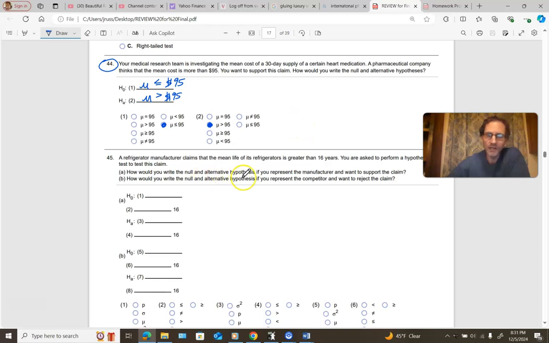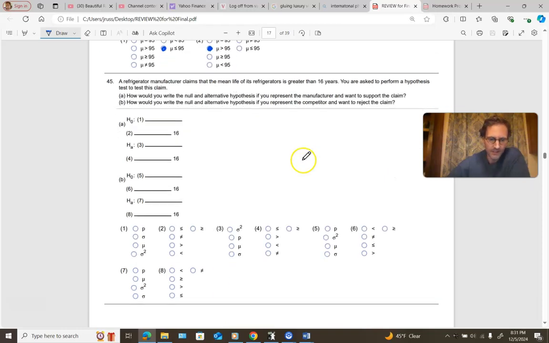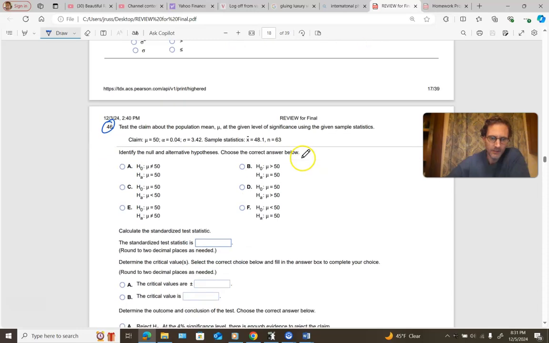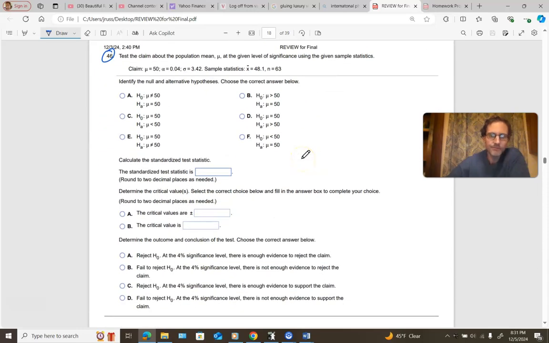All right, well, 45 again is the same. So let's go to 46. So 46, we're actually going to be doing some hypothesis testing. It says, test the claim about the population mean, mu, at the given level of significance using the given sample statistics.